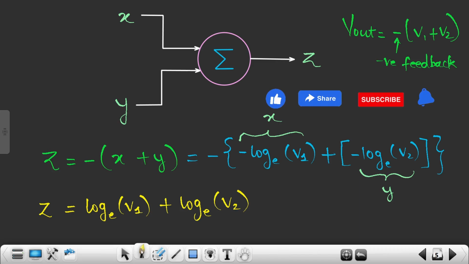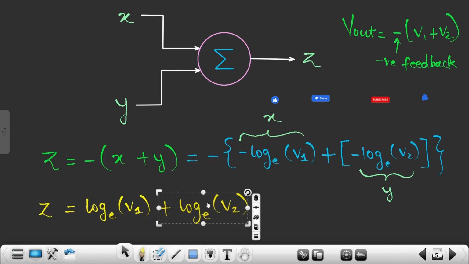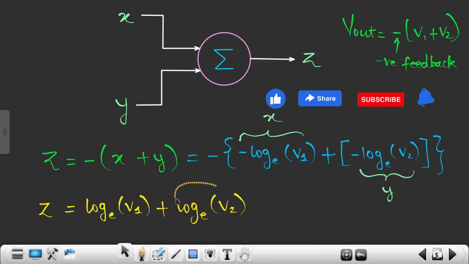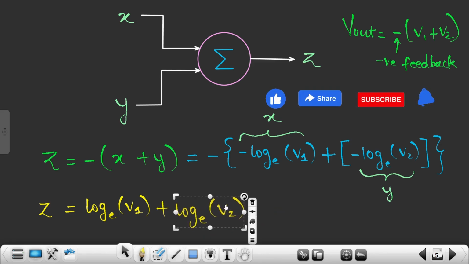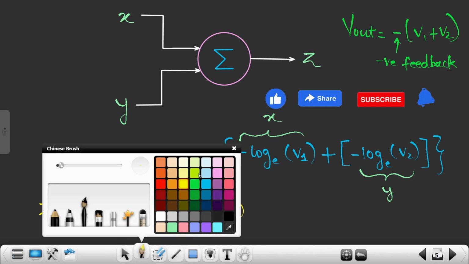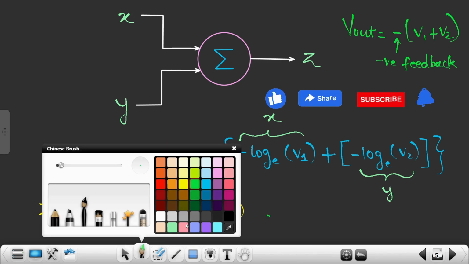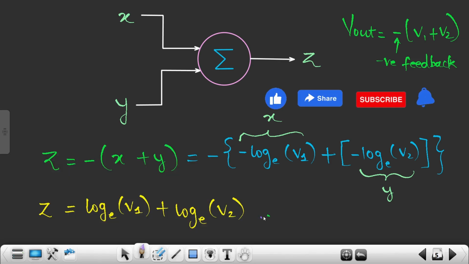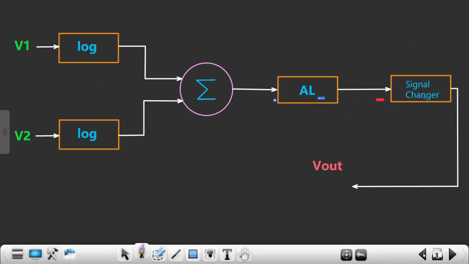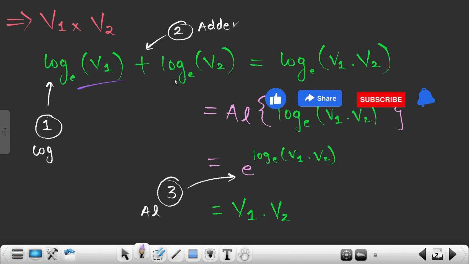So I can also write this particular equation as, let me move this a little below. Yeah, I can also write this equation in this way. Let me change the color. I can also write this as, see, over here we had already solved it, log of v1 plus log of v2.